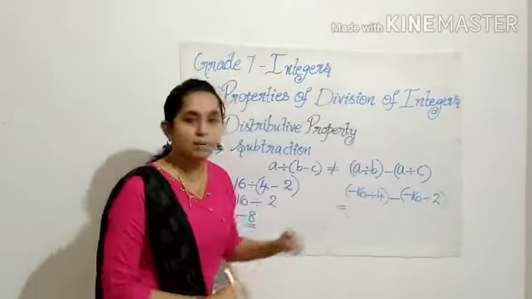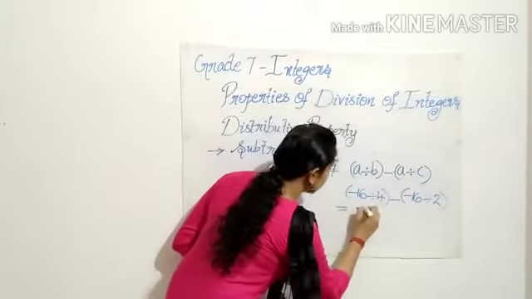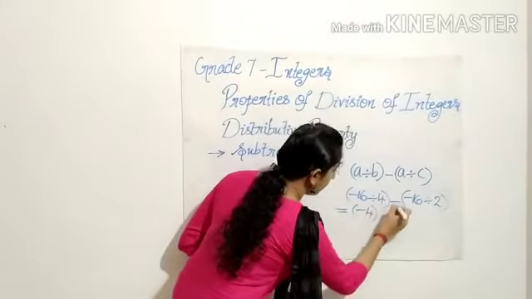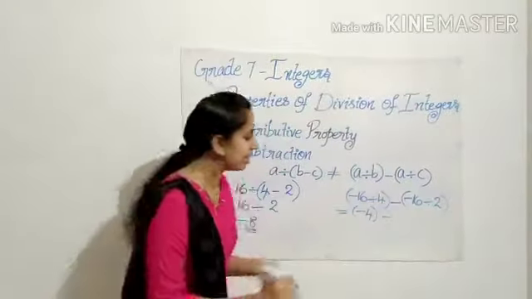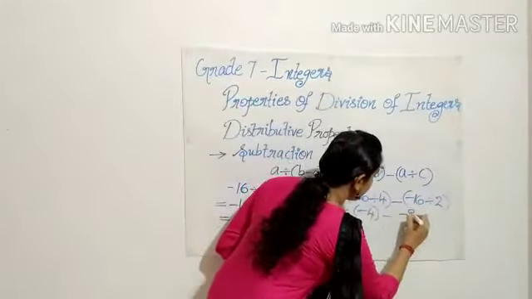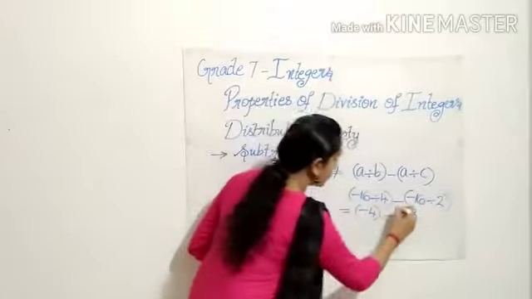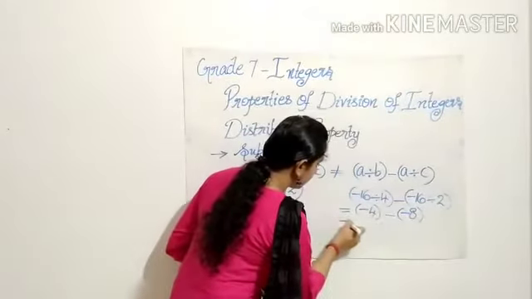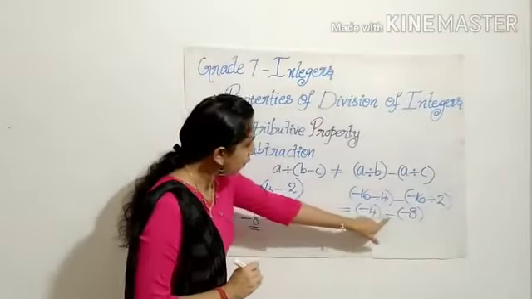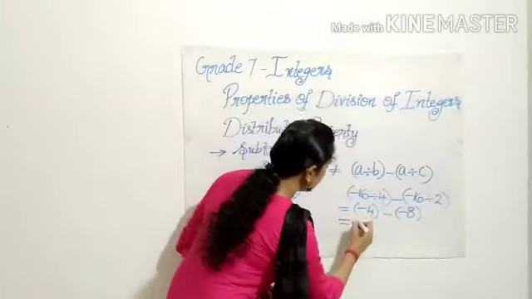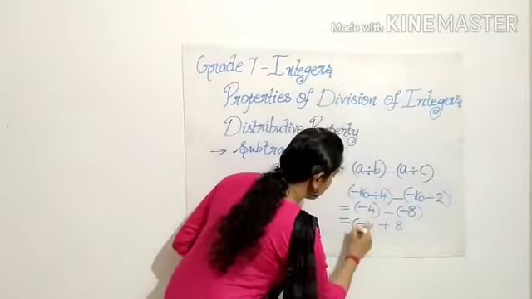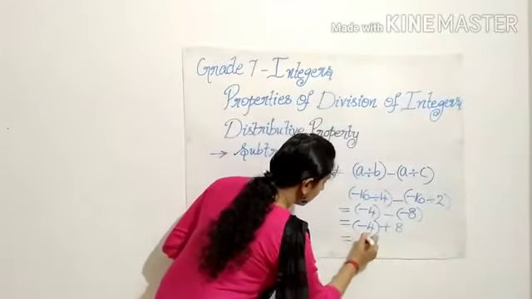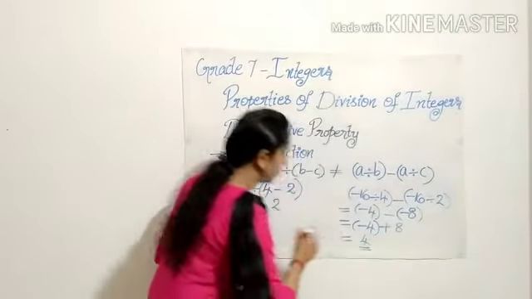Negative 16 divided by 4 is negative 4, minus negative 16 divided by 2, which is negative 8, as you know. At last what do we get? Negative 4 minus negative 8 means negative 4 plus 8. So the answer is positive 4.